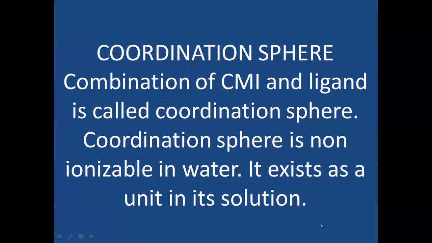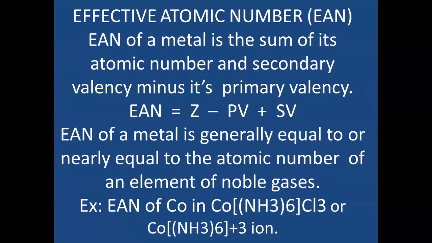Now, why we are discussing this is because we want to calculate the effective atomic number. In short, it is called EAN. How to calculate EAN and what is it? For a metal, EAN is the sum of its atomic number and secondary valency minus primary valency.